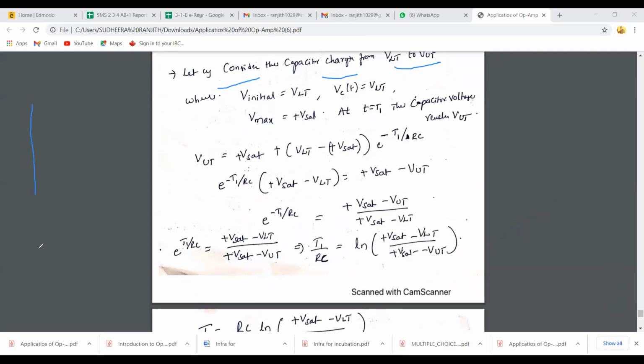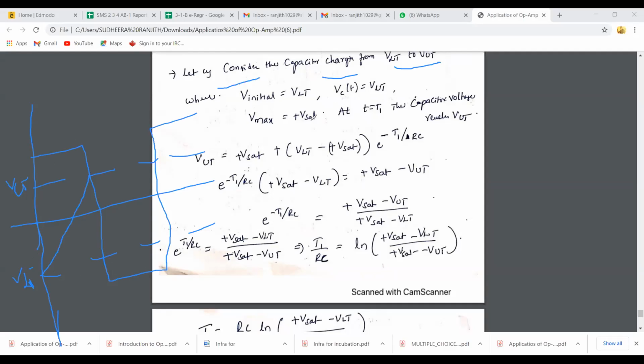Taking this waveform, the capacitor is charging from VLT to VUT.